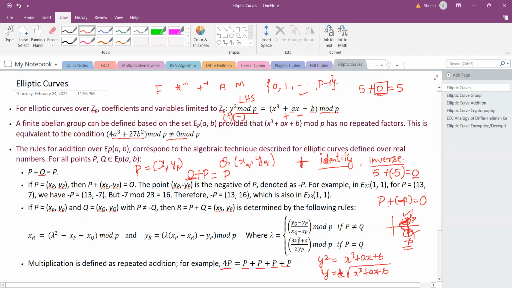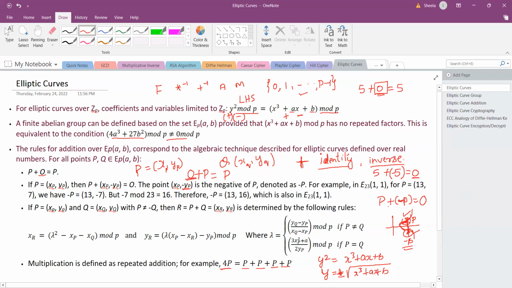So whenever I want to identify minus P, what we are going to do is keep the x coordinate value the same, and only the sign of the y coordinate will be changed. If the sign of the y coordinate is plus, it will be changed to minus, and if it is minus, it will be changed to plus. So whenever I want to find the inverse of a point P, just change the sign of the y coordinate and I'll get the inverse.